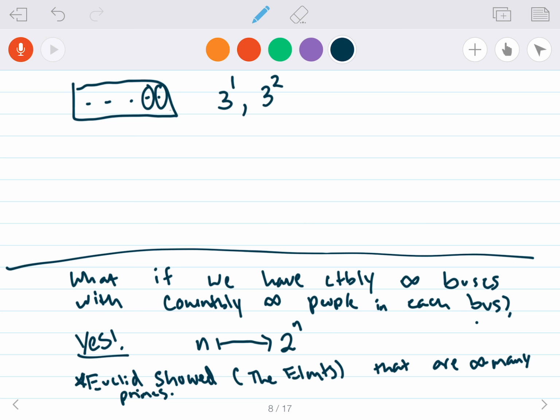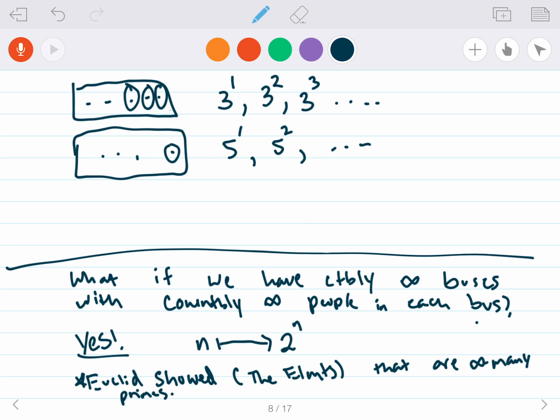Because everybody that was in the hotel is in room 2 to the N for some N. I'm going to put the next person in room 3 to the 3. There's no overlap here because 3 is prime. Then I'm going to go to the next bus and the next prime, which is 5. I send person 1 to room 5 to the 1, person 2 to room 5 to the 2, etc. And I'm going to keep playing this game because there are infinitely many primes I can pair everybody up with.